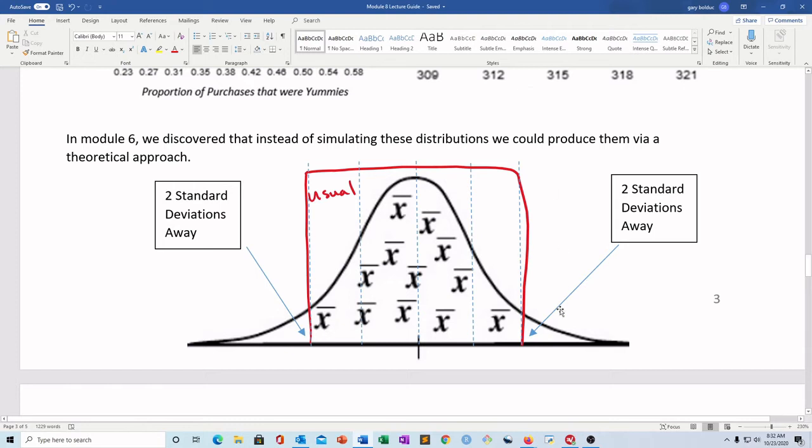And how do I define this red box? Well, here and here are defined to be 2 standard deviations away. So if I have a collection of data, I know where the middle is, right here. I know the standard deviation. Remember, that's a way to measure the spread.